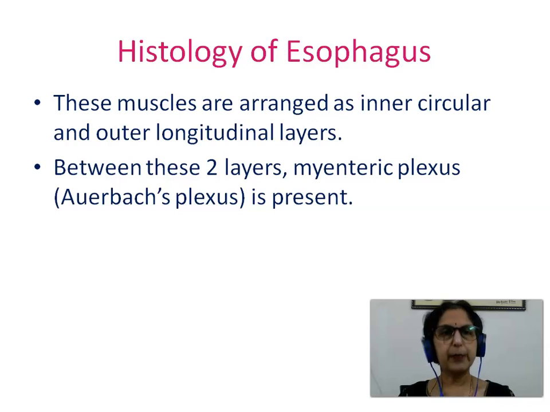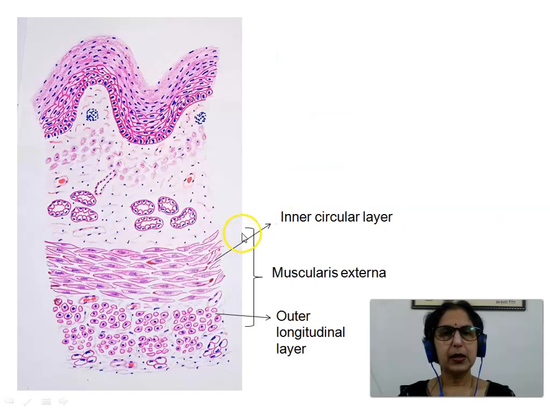And between these layers, a nerve plexus, that is Myenteric plexus or Auerbach's plexus, is present. Same diagram showing us the muscularis externa, showing inner circular smooth muscle cell layer and outer longitudinal smooth muscle cell layer.